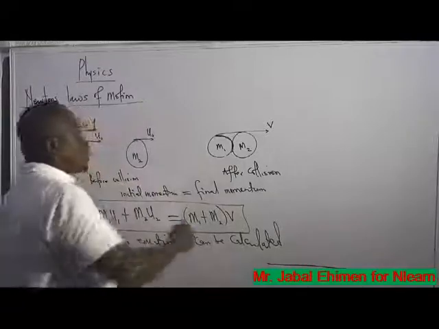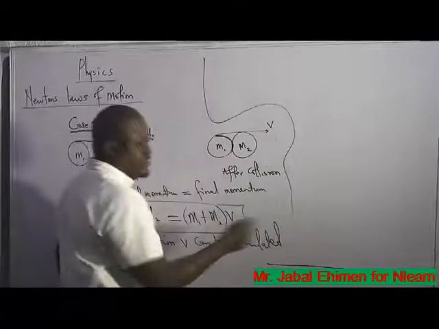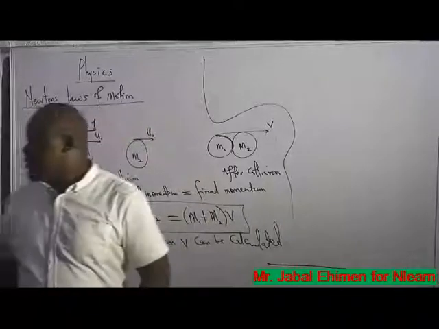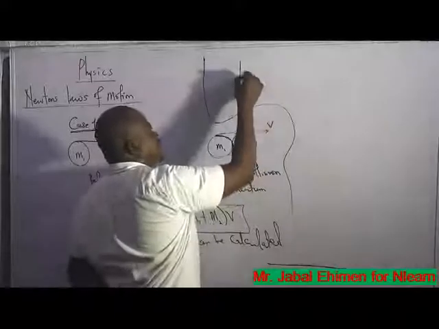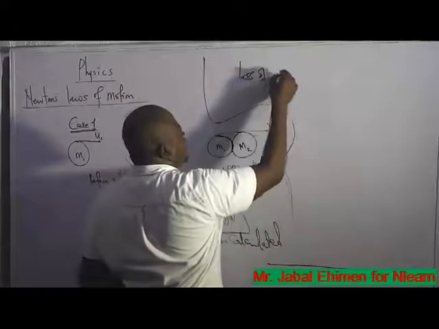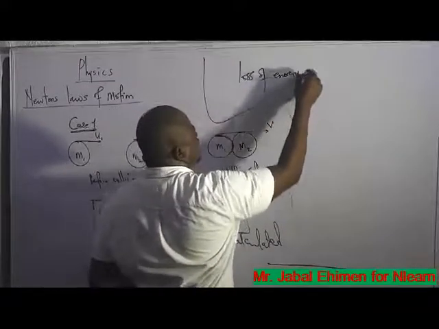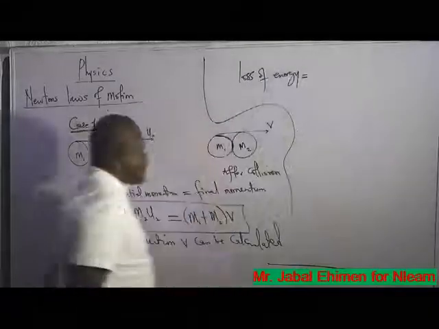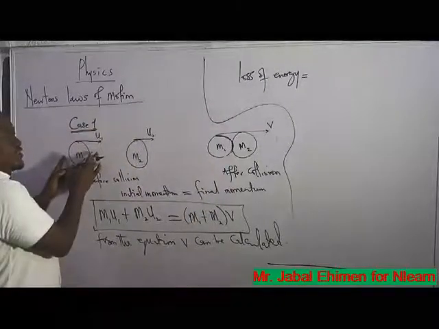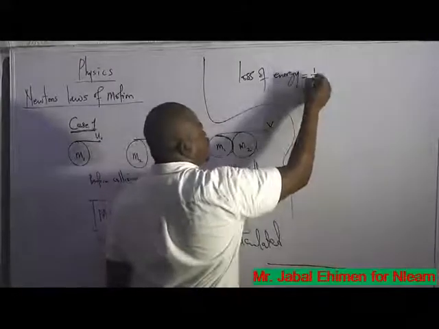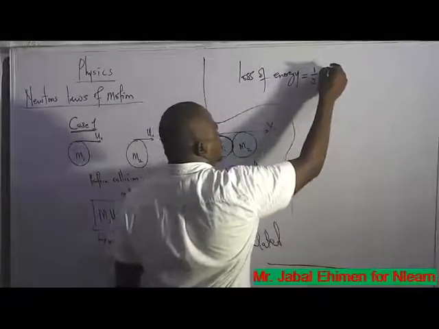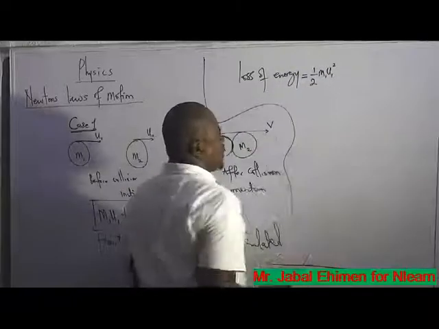So I can consider the loss in energy in this system. The loss of energy in this system is simple. Loss of energy, or you can call it energy change. For this first body, the energy it possessed initially was 1 over 2 m1 u1 squared.